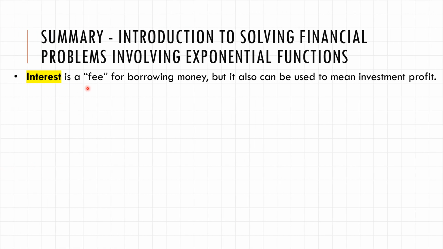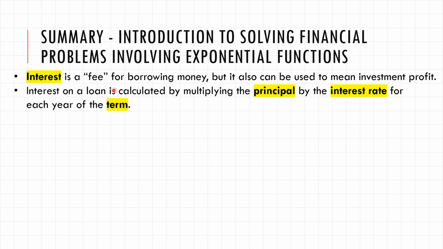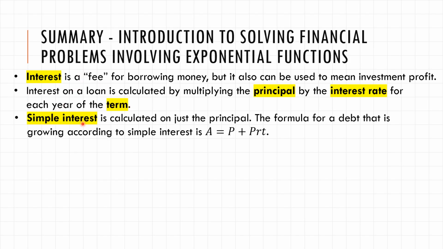So interest is a fee for borrowing money, but it can also be used to mean investment profit. Interest on a loan is calculated by taking the principal and multiplying it by the interest rate for every single year of the term. Simple interest is just calculated on the principal. And for a debt or a loan that is growing according to simple interest, the amount that you have to pay back at the end is calculated by A equals P plus PRT.